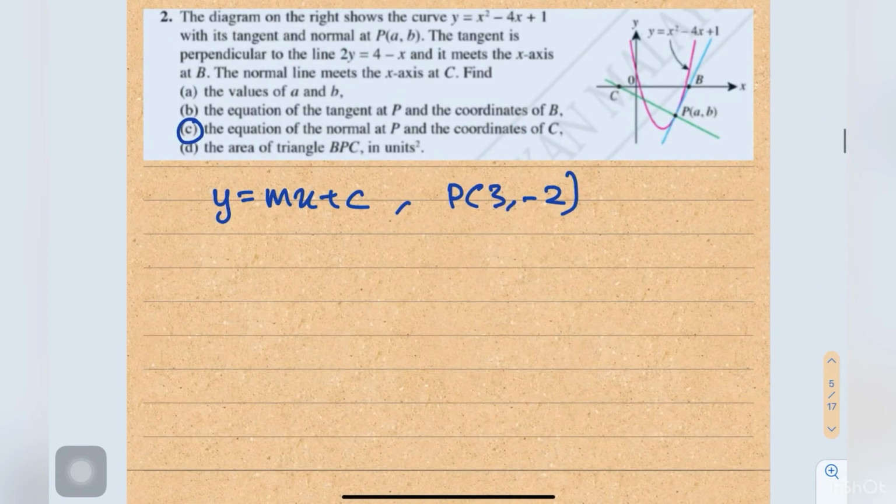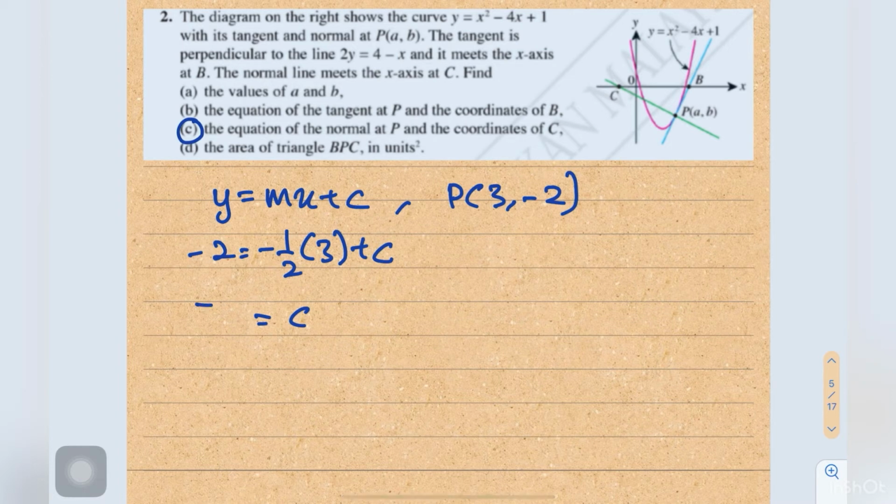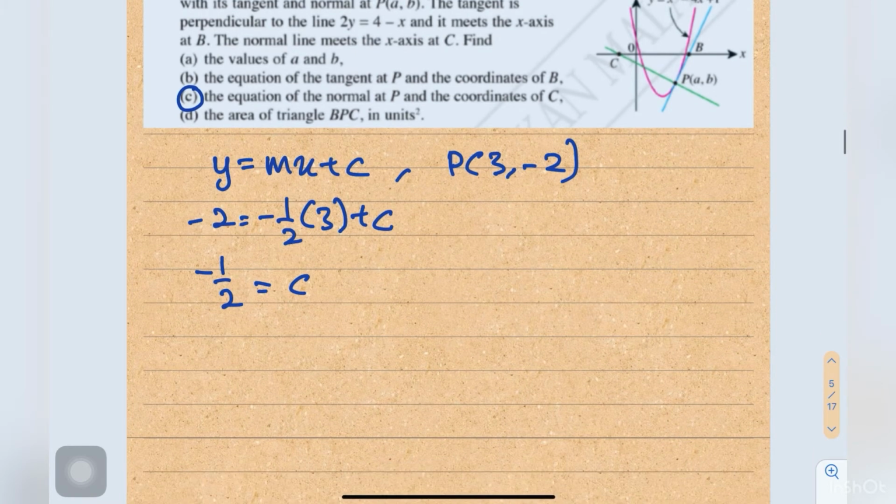So we substitute: y is negative 2, m is negative 1 over 2, x is 3, plus c. So c is negative 2 plus 3 over 2, c is negative 1 over 2. So therefore, equation of normal is y equals negative 1 over 2 x minus 1 over 2.